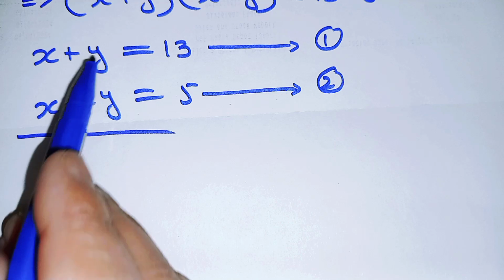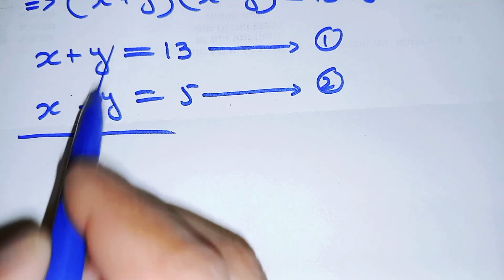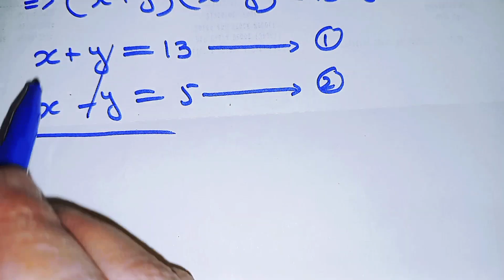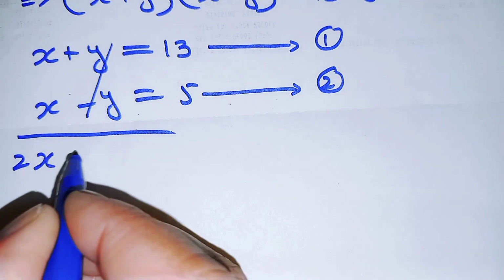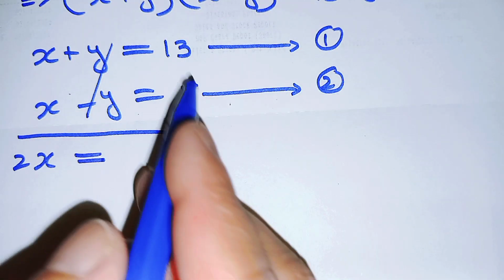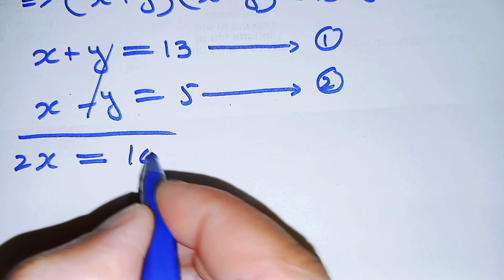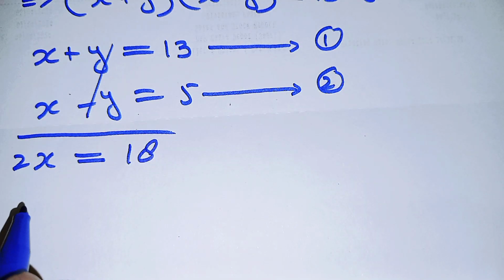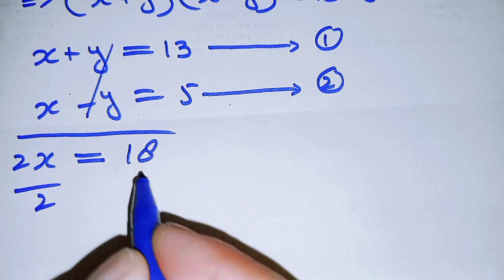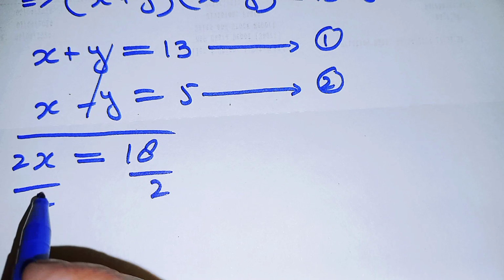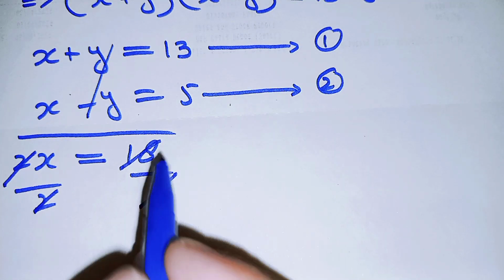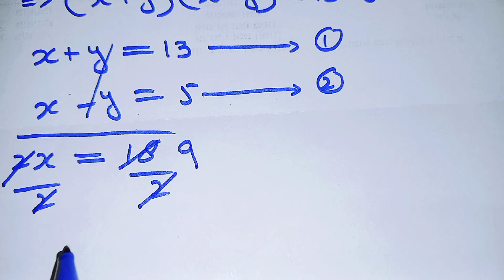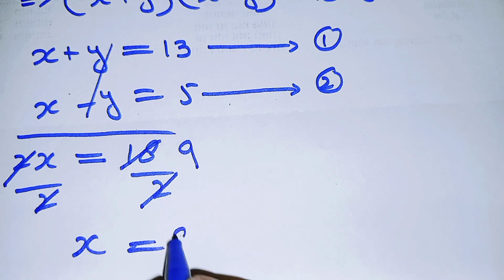The plus y and minus y cancel out with each other, so x and x make 2x, which is equal to 13 plus 5, which is 18. Now we divide both sides by 2. The 2 cancels out with the 2, and 18 divided by 2 is 9. So the remaining is x is equal to 9.